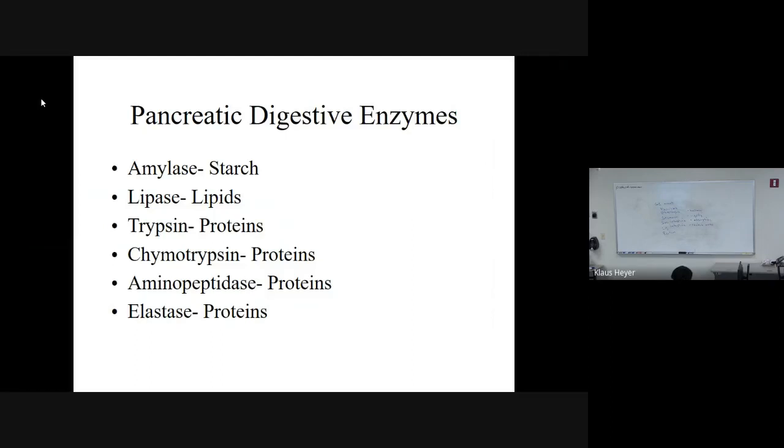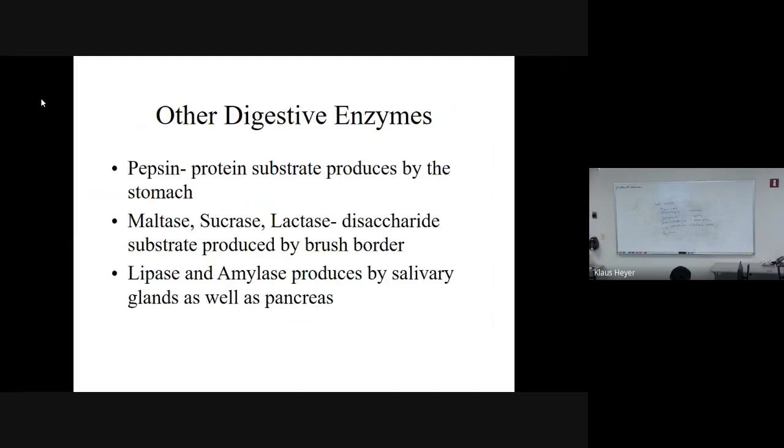and 3 from your small intestine. Actually, I've got pepsin up there. That was the 7th one, pepsin from your stomach. And I have a typo up there.